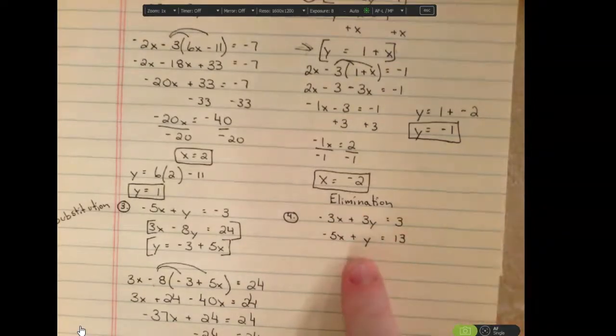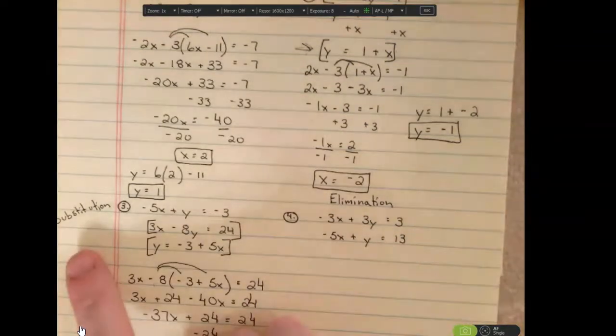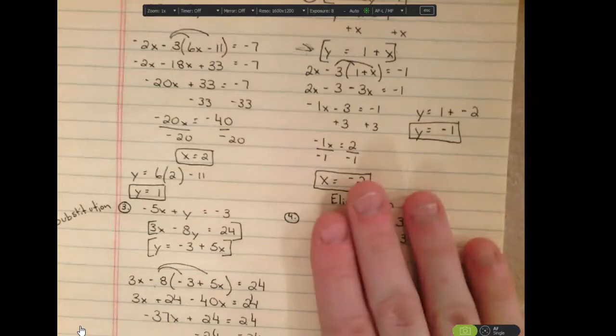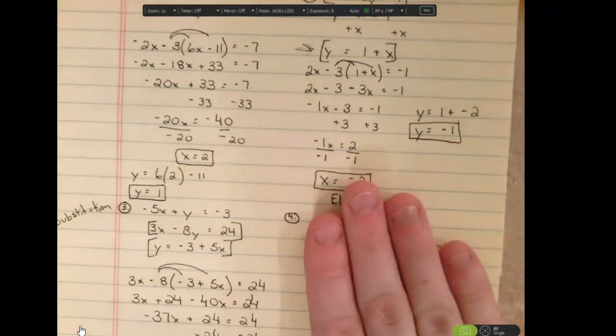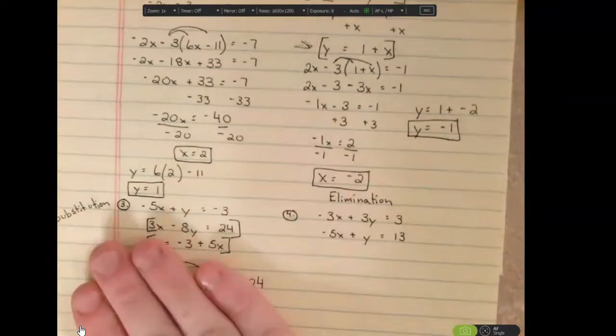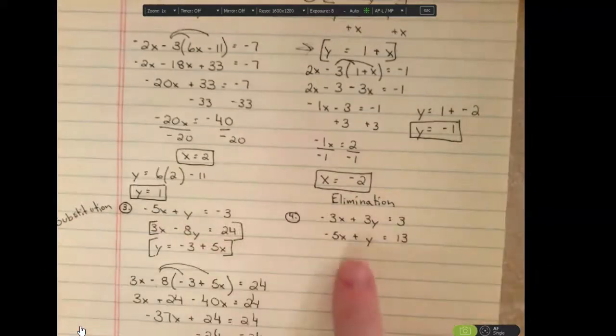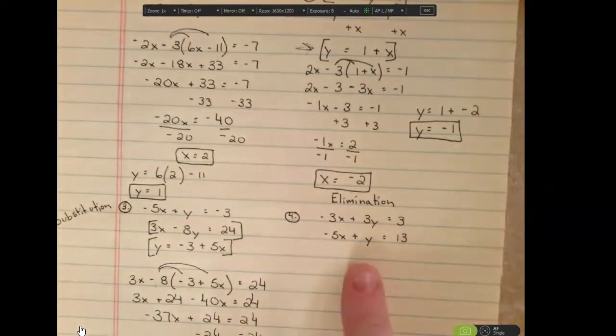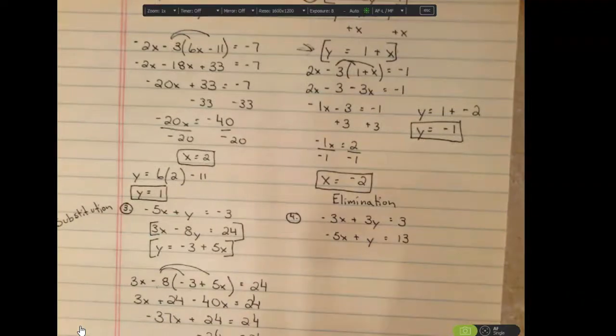You can solve number 4 using substitution. You do not have to use elimination. The reason we're doing it is so you become familiar and you're comfortable with both methods. However, these problems can still be solved by using substitution. So either method works. Let's go ahead and let's begin to use elimination though.